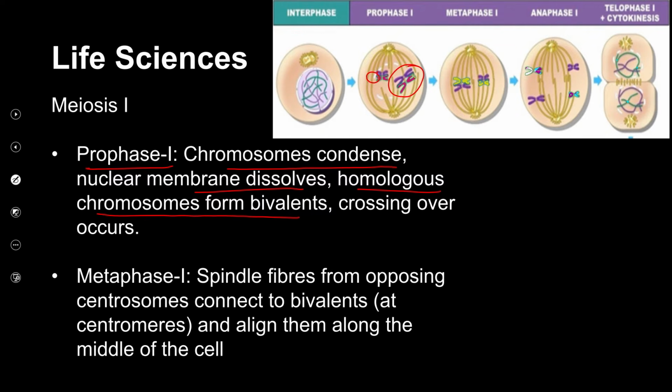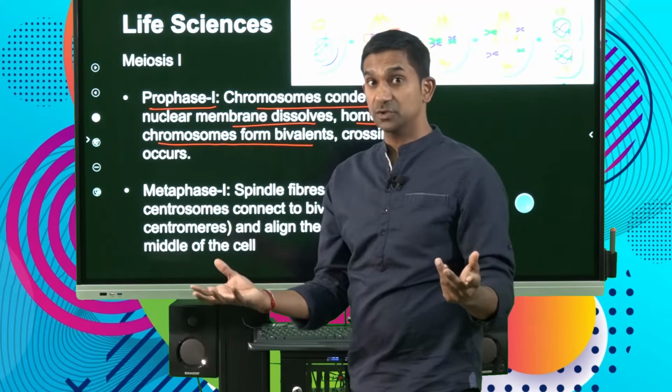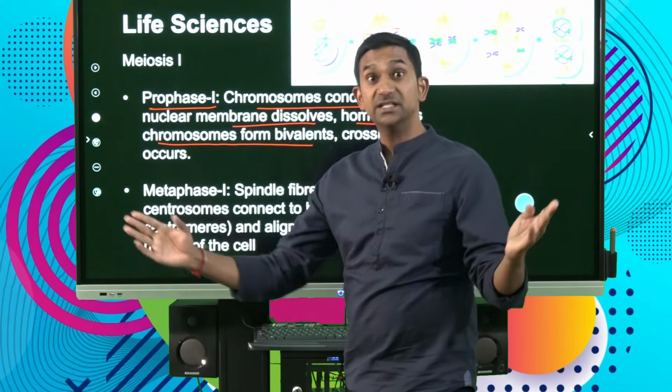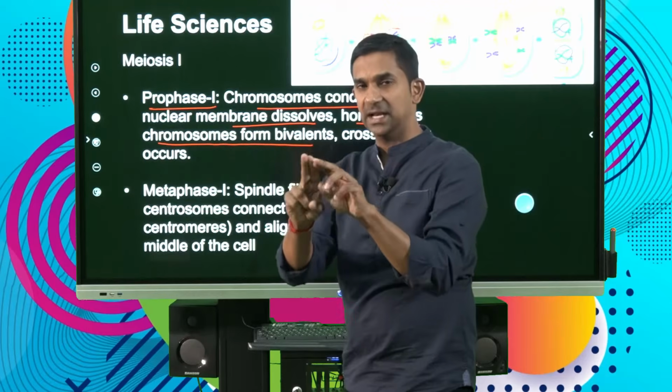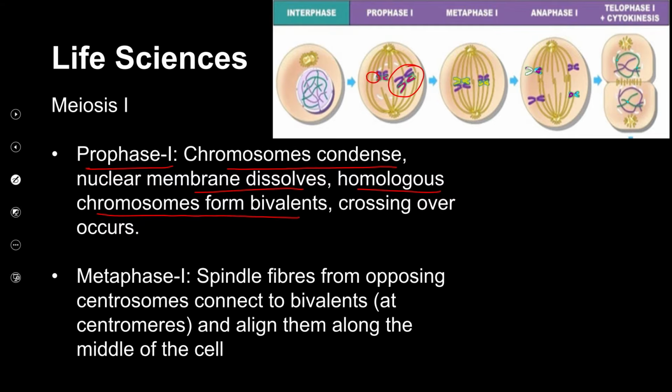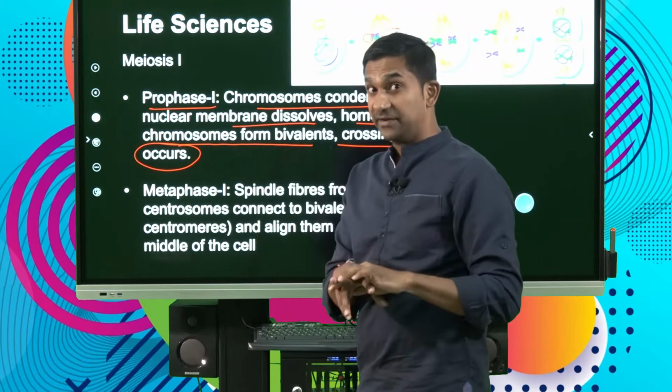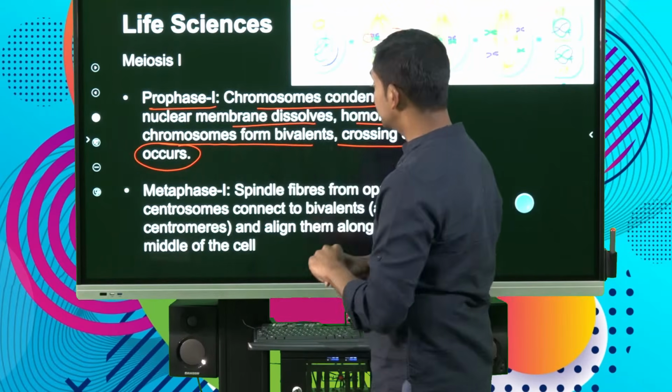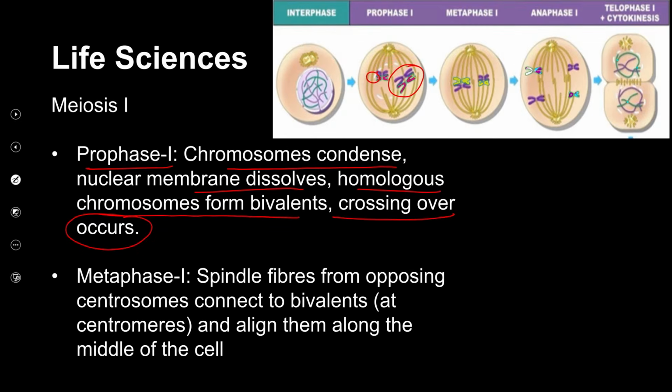We often refer to pairs of chromosomes, but a bivalent is when those pairs align themselves along each other. During this, a process of crossing over occurs, and that crossing over is the first reason where variation occurs during meiosis, at the point called the chiasmata.